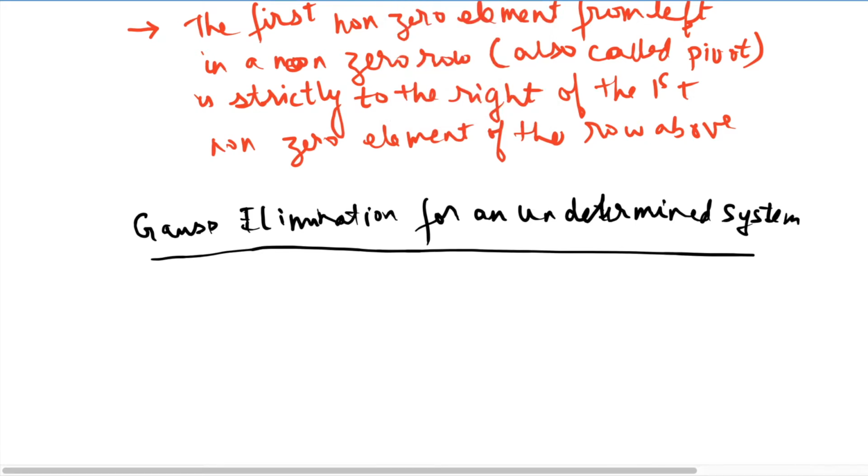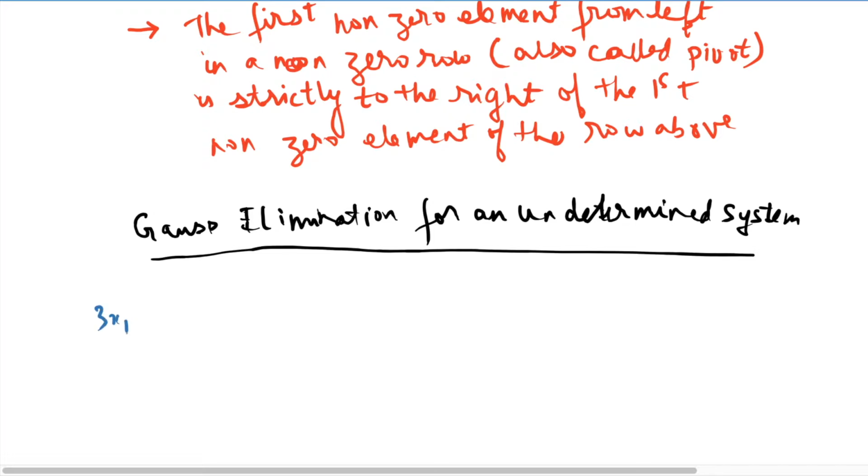So let's see if we can come up with such an equation. So let's say we consider 3x1 plus 2x2 plus 2x3 minus 5x4 is equal to 8. Let me actually not write it like this, because I want to leave some space for writing the augmented matrix also.